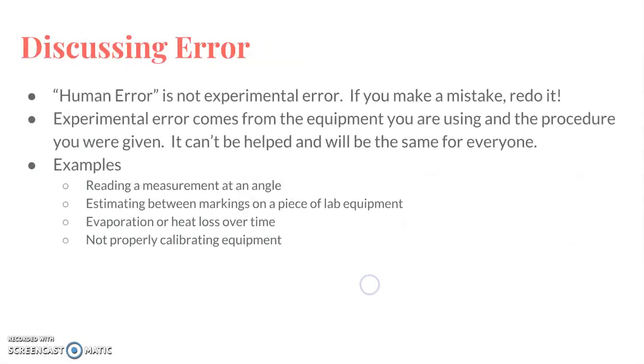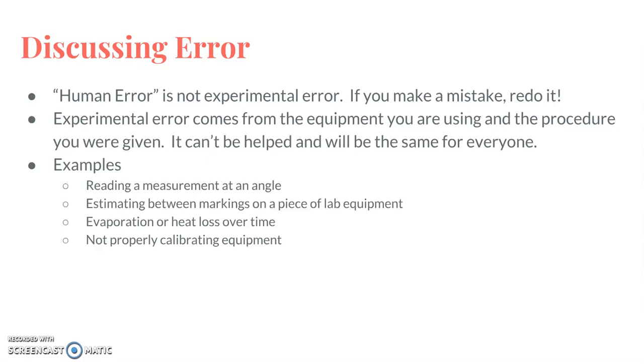And for those sources of error, you don't want to use human error as experimental error. It's not what mistakes were made. Experimental error has to do with the lab equipment you're using and the procedure you're given. It's things that can't be helped and will be the same for everyone.